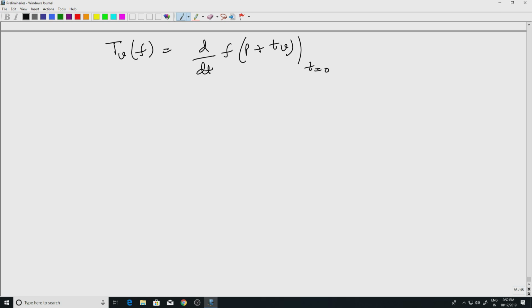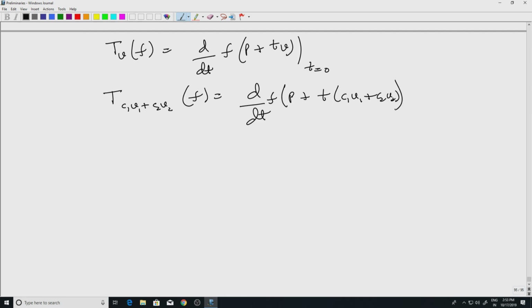But if we use this, it's not immediately clear that if I put C1V1 plus C2V2, f of p plus t times C1V1 plus C2V2, this is what I would get. But then it's not immediately clear that I can bring out the C1 outside, etc.